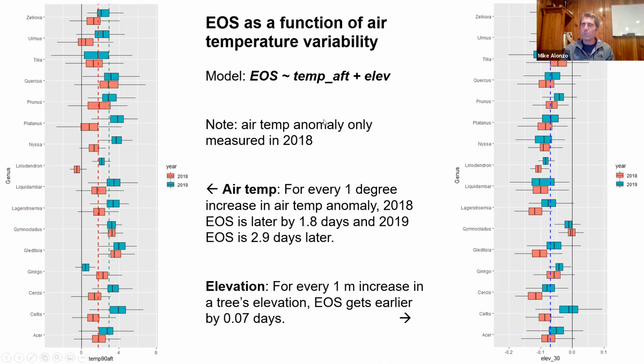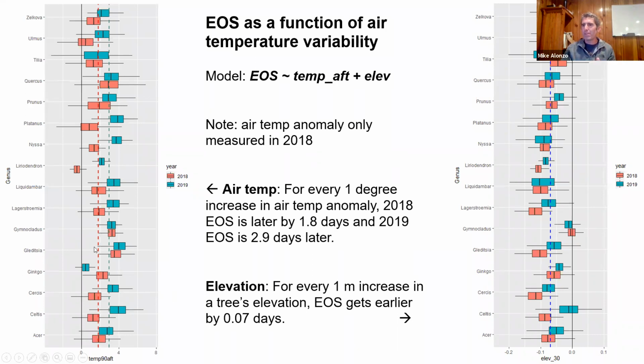We get a little sciencey here on some of this process, but the basic idea is that if you look over on the left, you're seeing the sensitivity to air temperature by species. Across all tree genera in 2018, end of season gets 1.8 days later for every 1 degree increase of temperature.